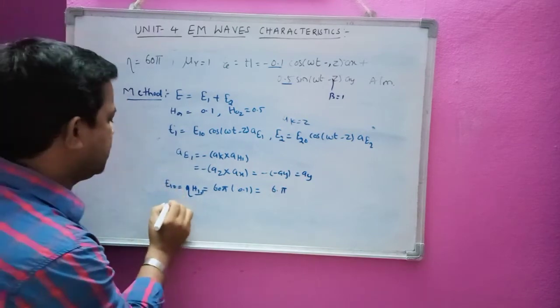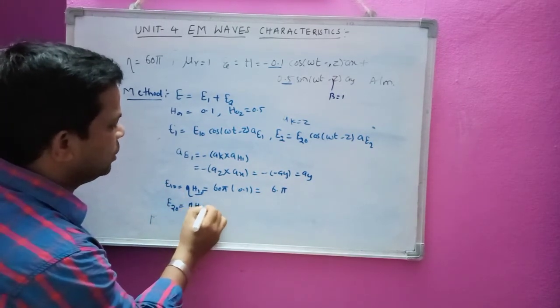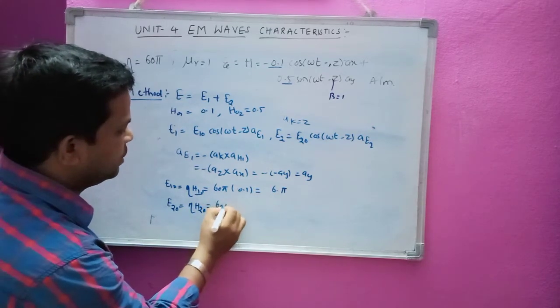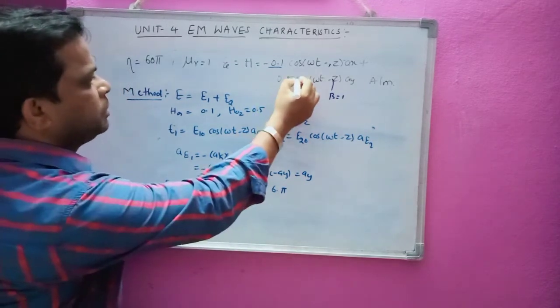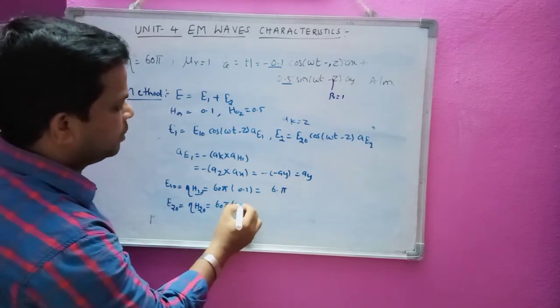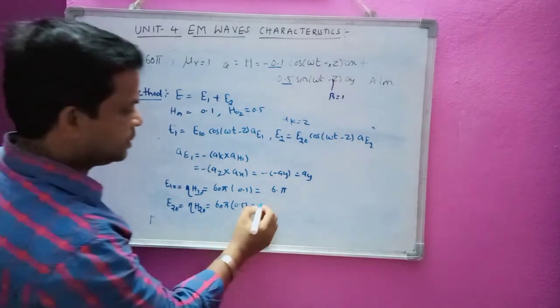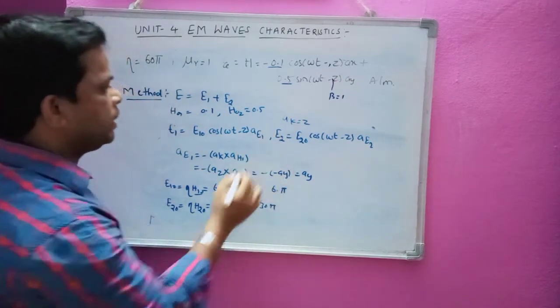Similarly, I can take E20 is equal to eta into H20. Eta is given as 60 pi and H20 is 0.5. 0.5 into 60 pi, I can write here as 30 pi. Now I can write E1 and E2.